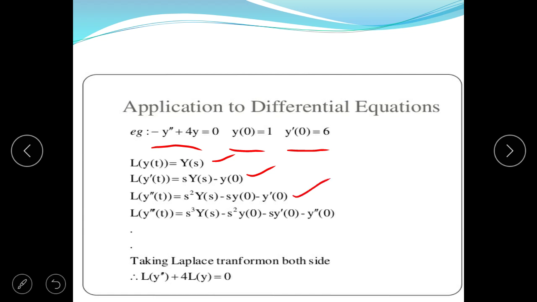Similarly, Laplace transform of d cube y upon dt cube is equal to s cube Y(s) minus s square y(0) minus s y dash (0) minus y double dash (0), and so on. Now taking Laplace transform on both sides: Laplace transform of d square y upon dt square plus Laplace transform of 4y is equal to 0.